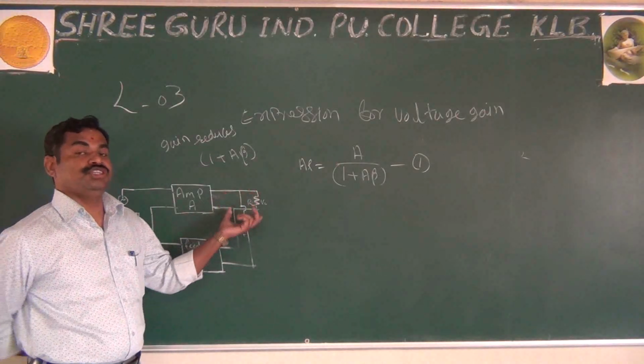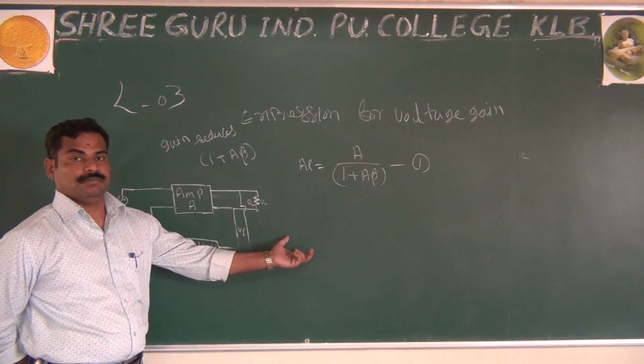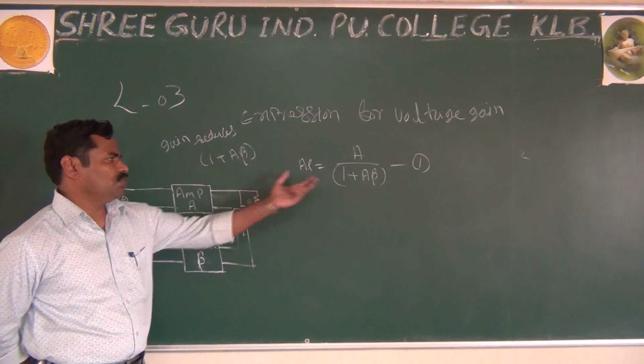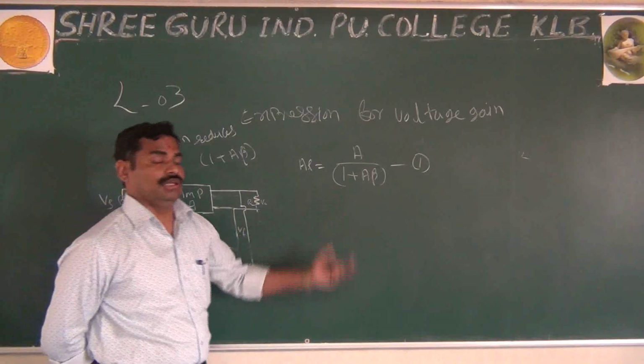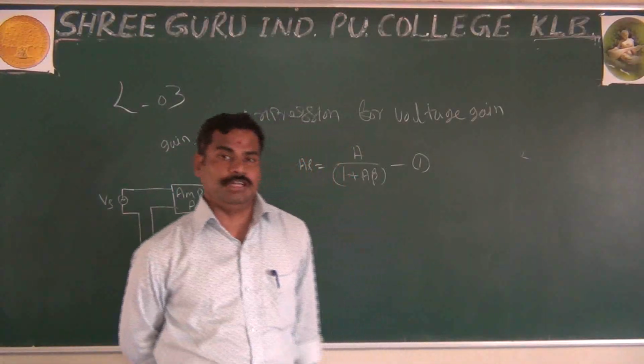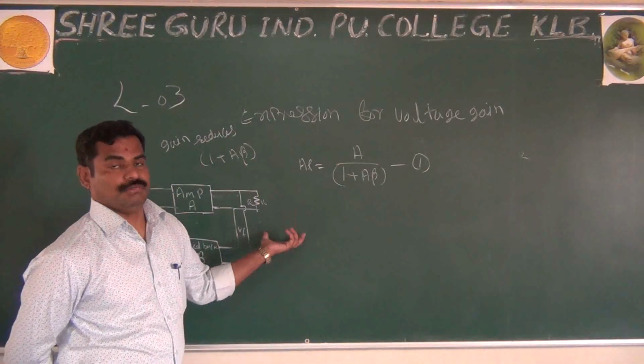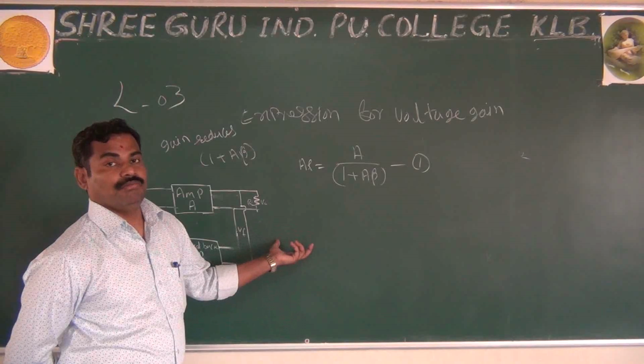How the voltage gain is stable, you have to prove mathematically. I said by using the equation that your gain depends only on beta. Here, how actually the gain is stable, go for it mathematically.